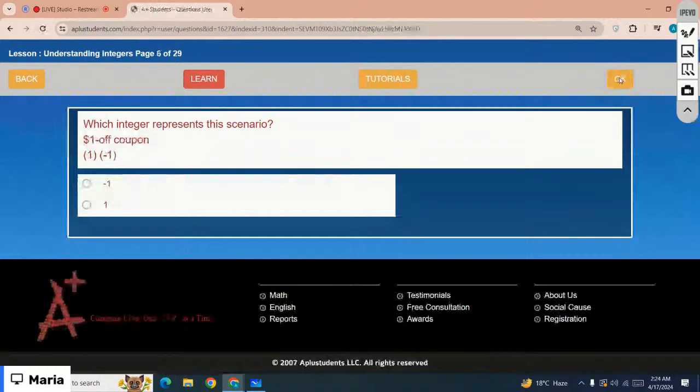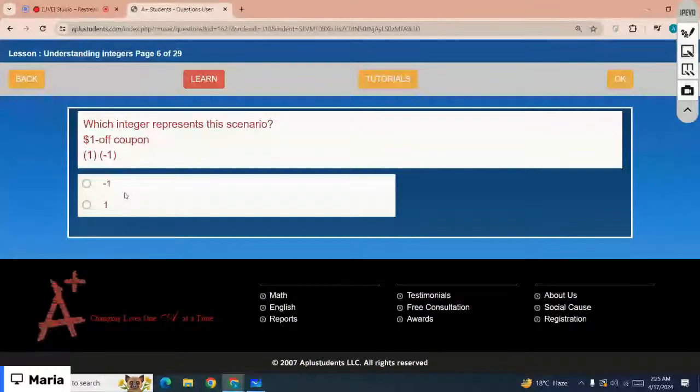Which integer represents the scenario? $1 off coupon. That is negative 1.